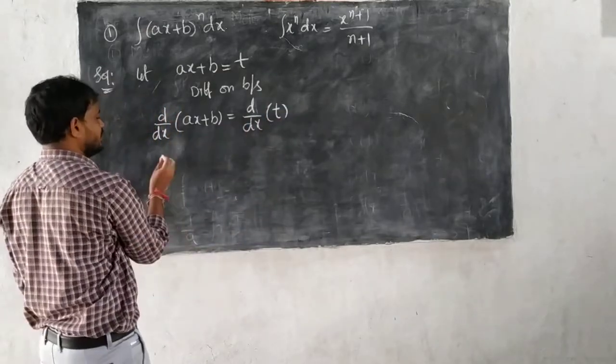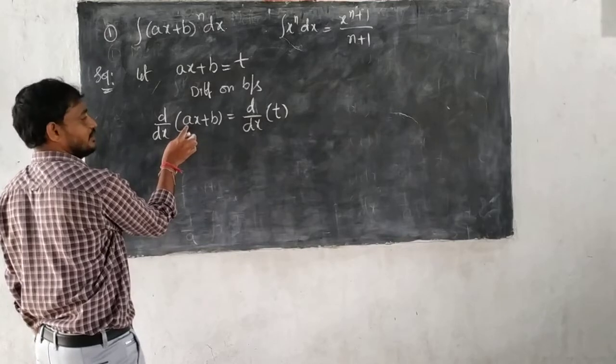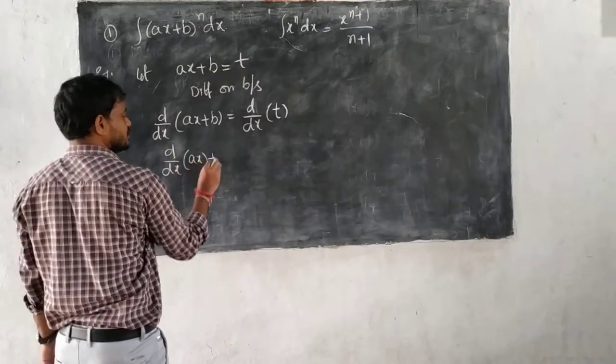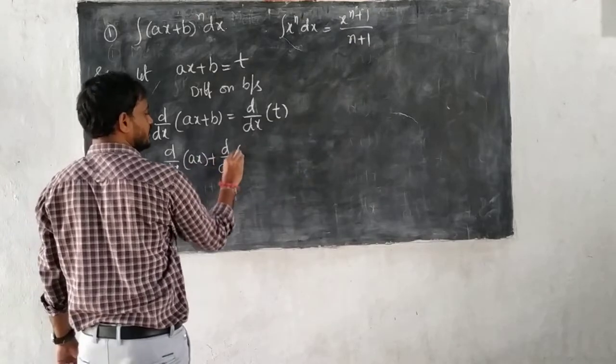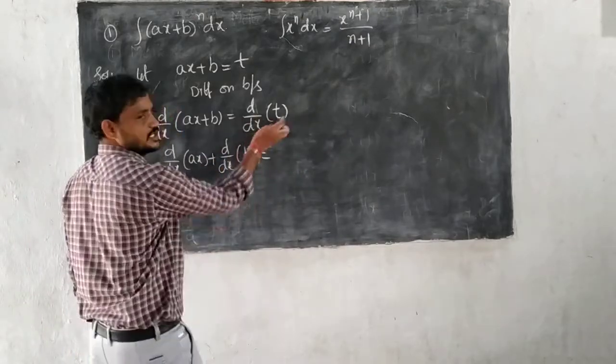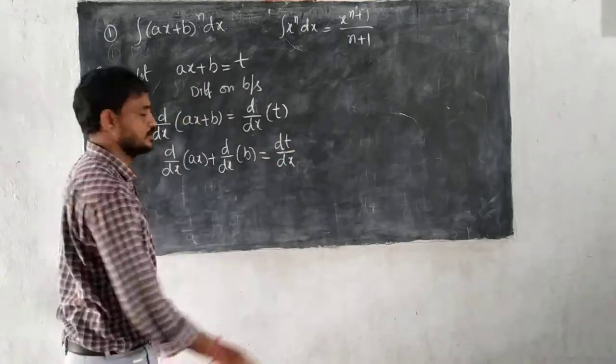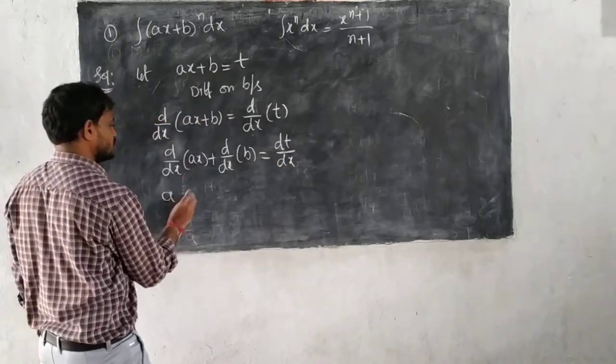Now make it separate. So d by dx of ax plus d by dx of b, and d by dx of t is what? You can write it as dt by dx. Now a is a constant, so write it outside.